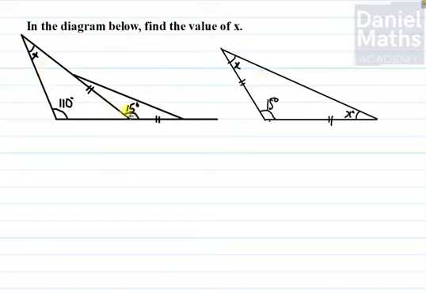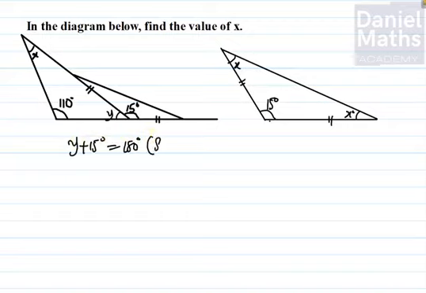All we need to do is to know that these are angles on a straight line, which must sum up to 180. So we need to find this point. Let me call this point y. Then I have that y plus 15 degrees is equal to 180 degrees.